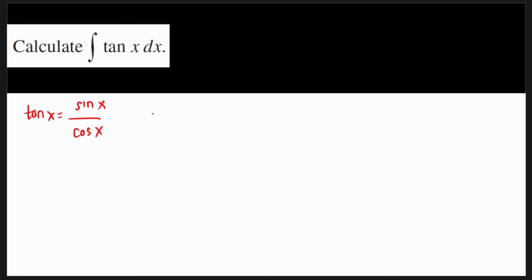So if we break down here, this is equivalent to sine x over cosine x dx. So I think in this particular expression, we can use the substitution rule such that the differentiation of the cosine x will be equivalent to negative sine x, right?